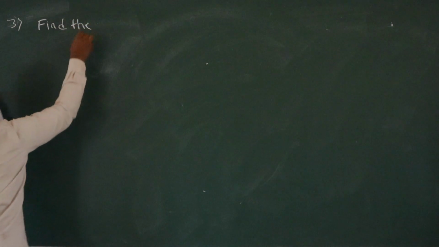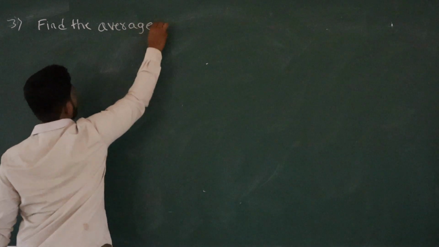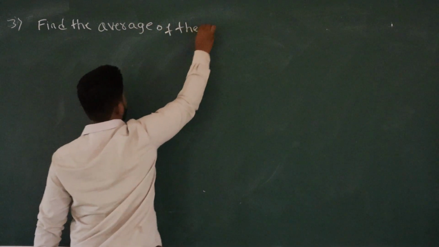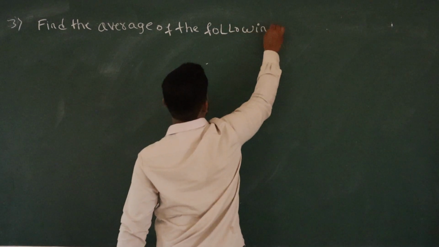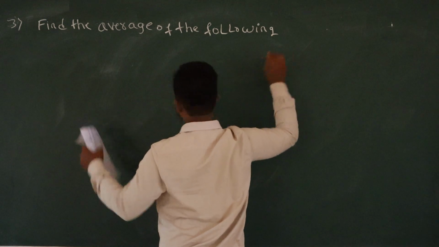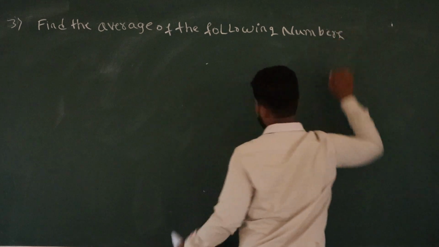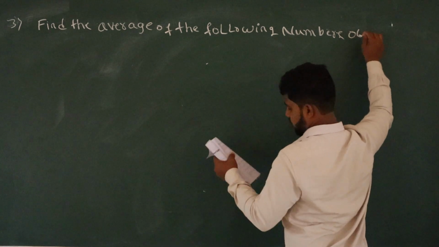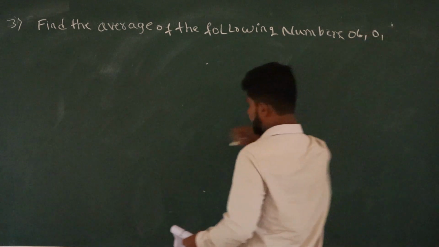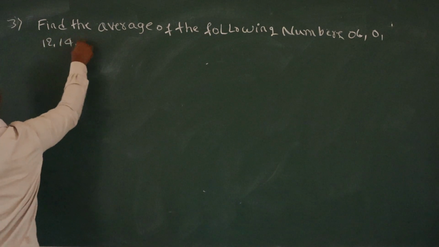Find the average of the following numbers. First one is 6, second one is 0, third one is 12, 14 and 13.